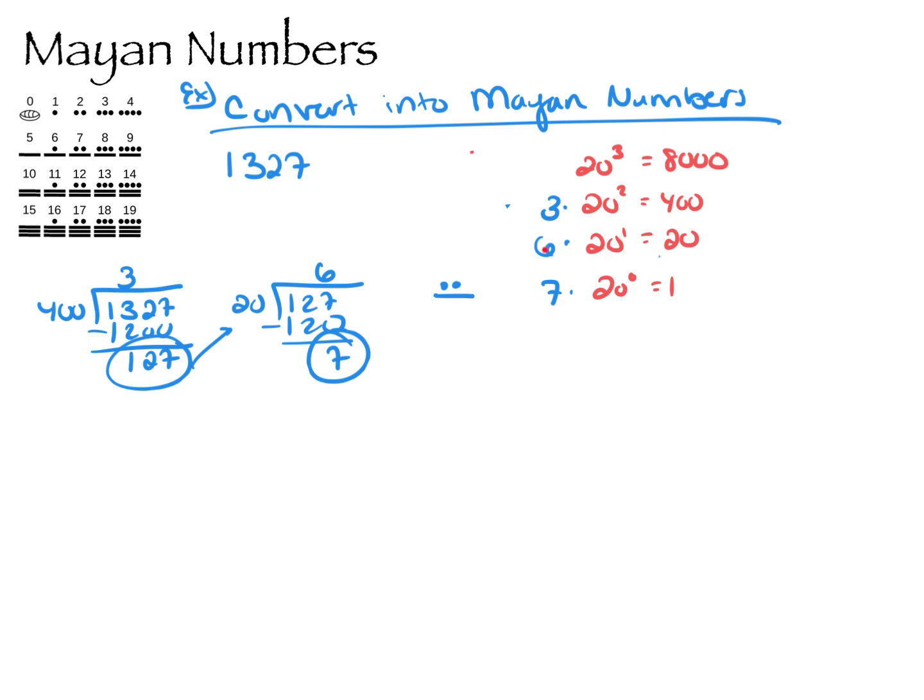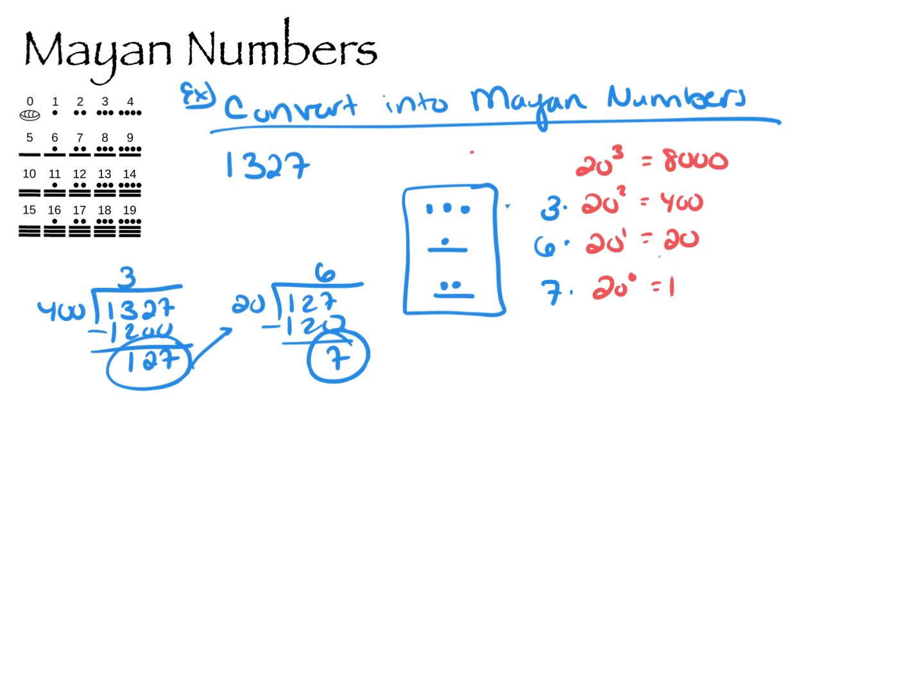So we have 6 20 to the firsts. So we're going to write the number 6, which is 5 with 1 dot. And then finally, the level above that would give us the 20 squared, or the 400. We have 3 of those. So 1, 2, 3. And here is our Mayan number.